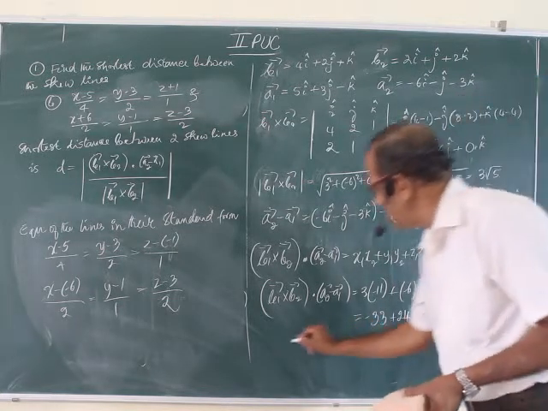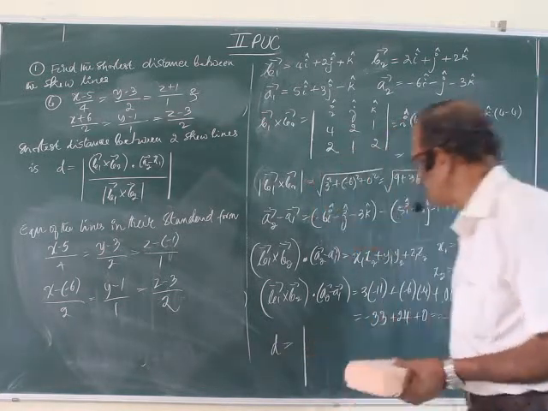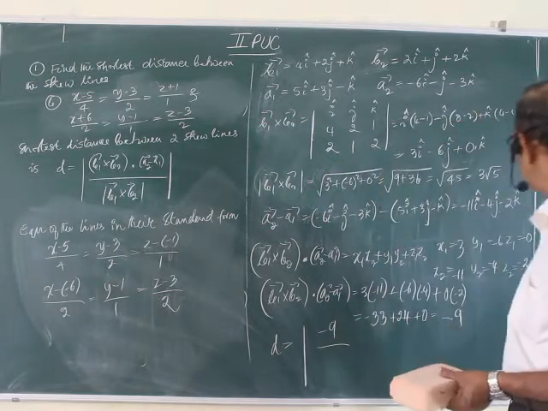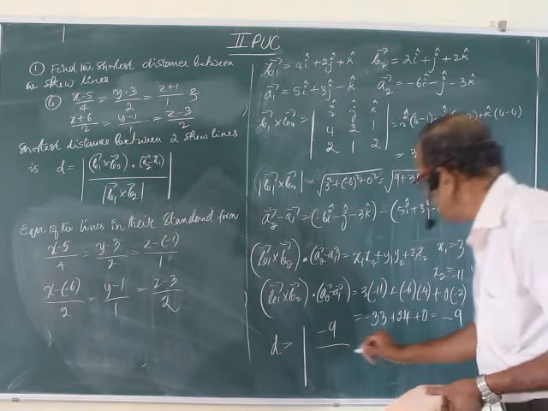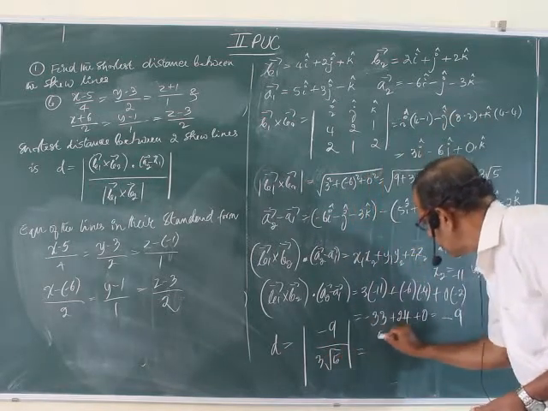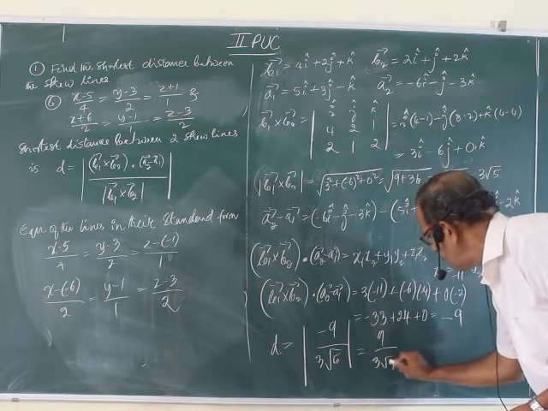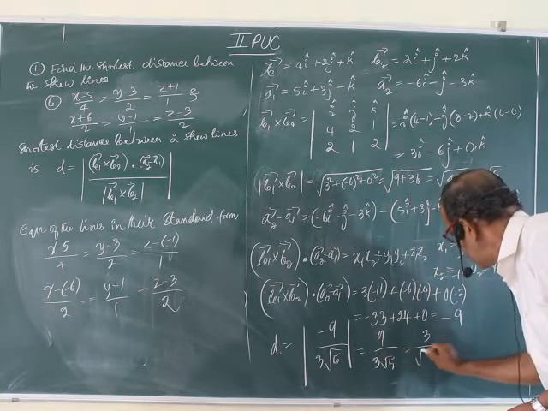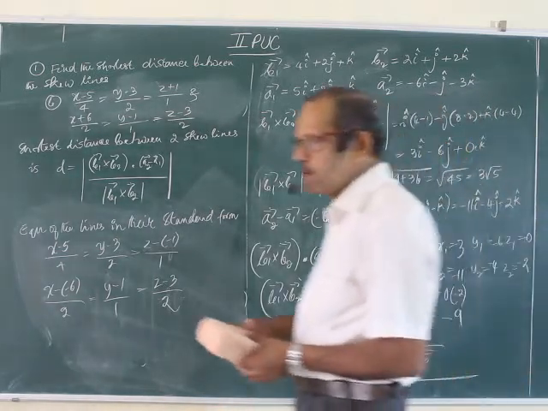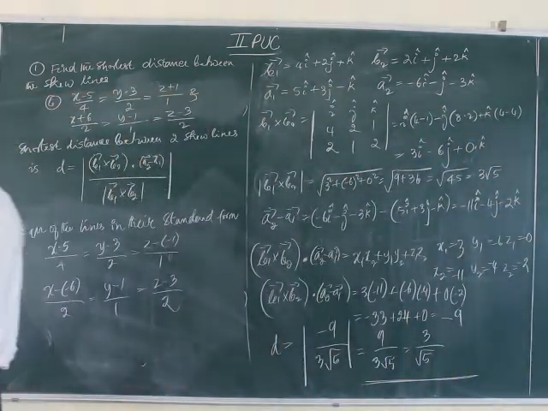Finally, D equal to modulus of minus 9 divided by 3 root 5, or 9 by 3 root 5, or 3 by root 5 is the answer.